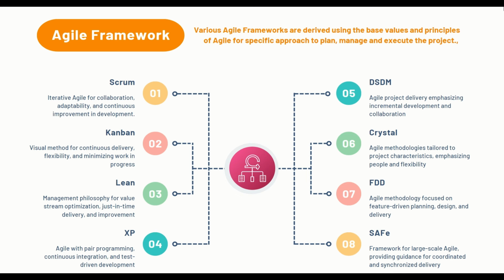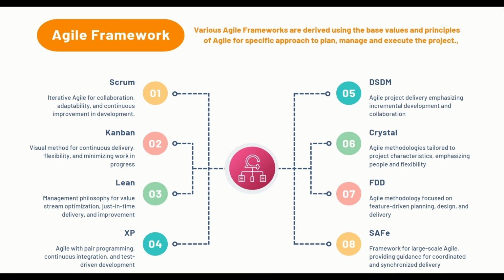I have listed some of the frameworks. This is not the only list of frameworks for agile. The list is longer, but I have taken a few common popular ones which are being used across organizations these days. Scrum number one, Kanban number two.